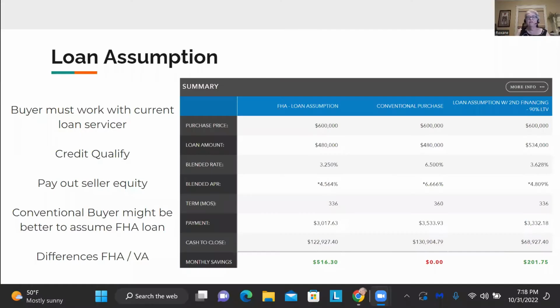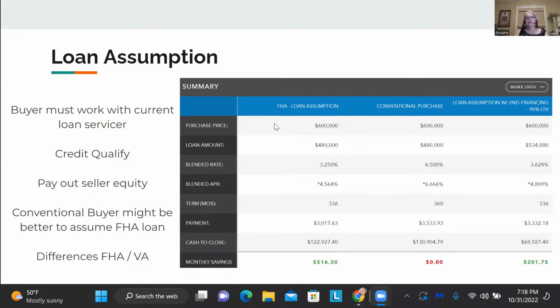A loan assumption, how it works is that you are assuming the existing loan at its existing terms, which if we look at 2019, 20, early part of 21, early part of 22 was in some cases sub 3% interest rates, right? So I'm going to share a screen here and show you just a couple of examples. In this case, we've got a loan assumption.